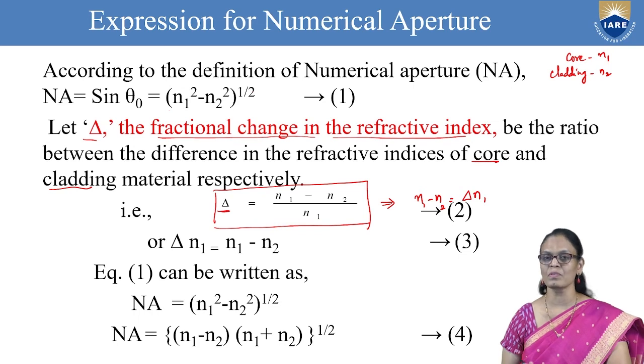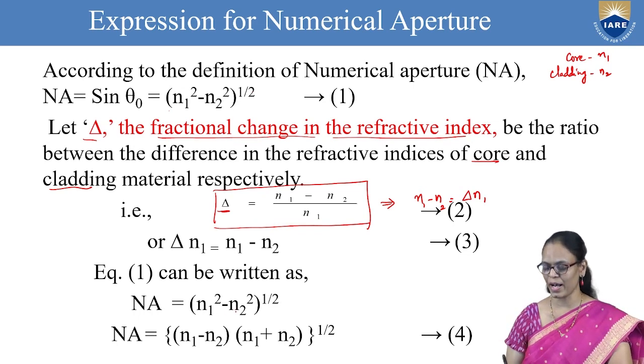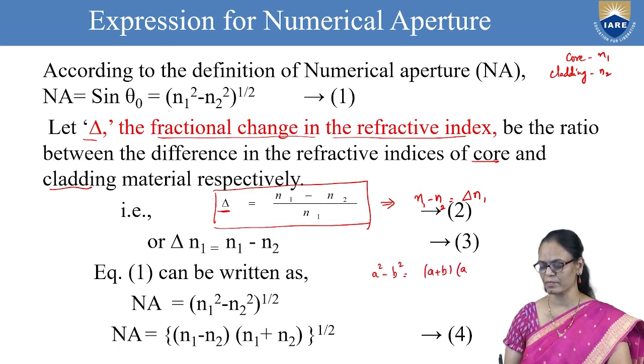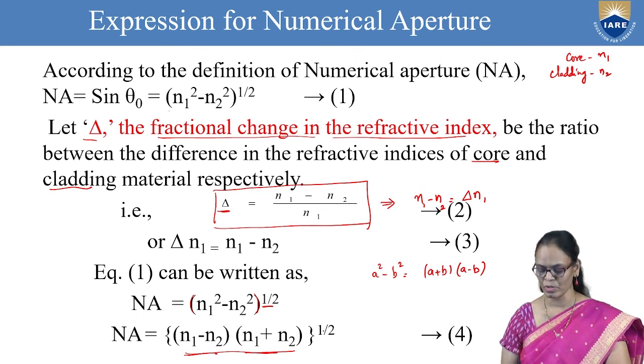Here we use the formula a square minus b square equals a plus b into a minus b. So n1 square minus n2 square can be written as n1 minus n2 into n1 plus n2. Inside the brackets we expand it as n1 minus n2 into n1 plus n2, power half. So this becomes equation 4.